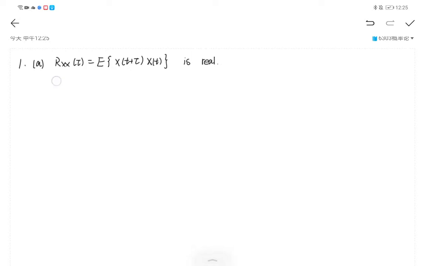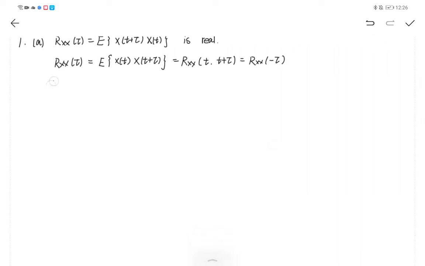And we also can write the autocorrelation as the expectation of x(t) times x(t plus tau), and this equals Rxx(t plus tau) equals Rxx(minus tau). So we can find the Rxx(tau) is even.